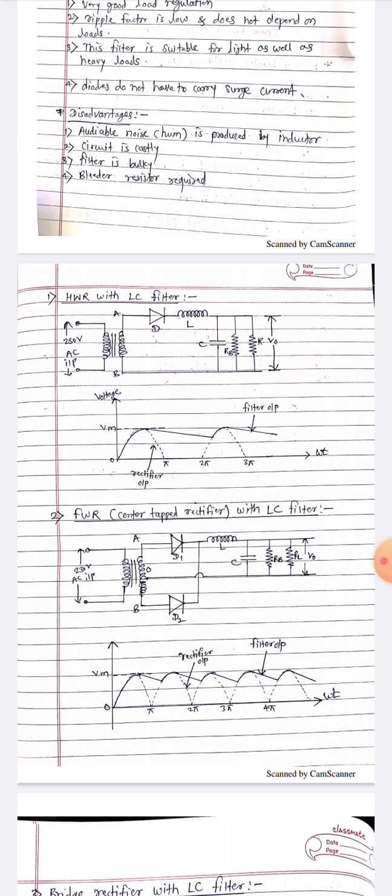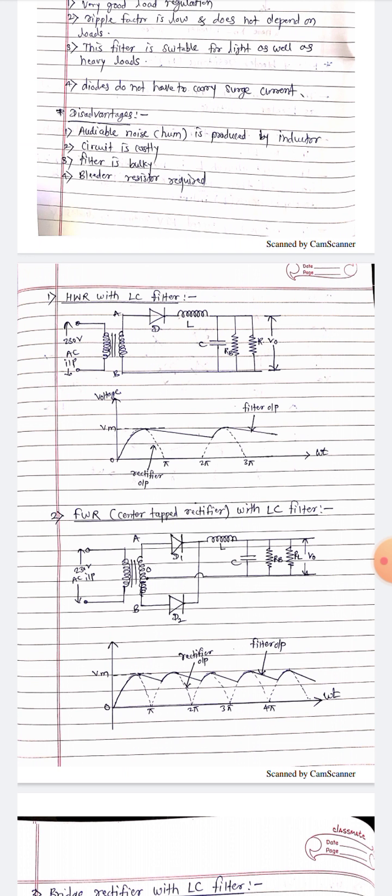You can see in the circuit diagram the transformer is connected. At the primary of the transformer, 230 volt AC voltage is given. At the secondary of the transformer, the diode and inductor are connected in series, and the capacitor is connected in parallel.